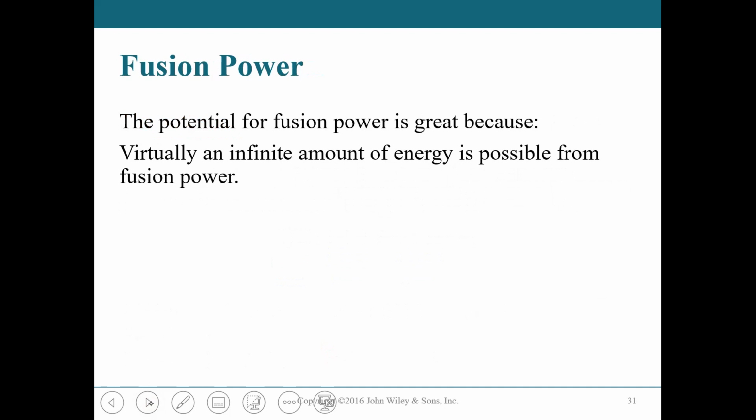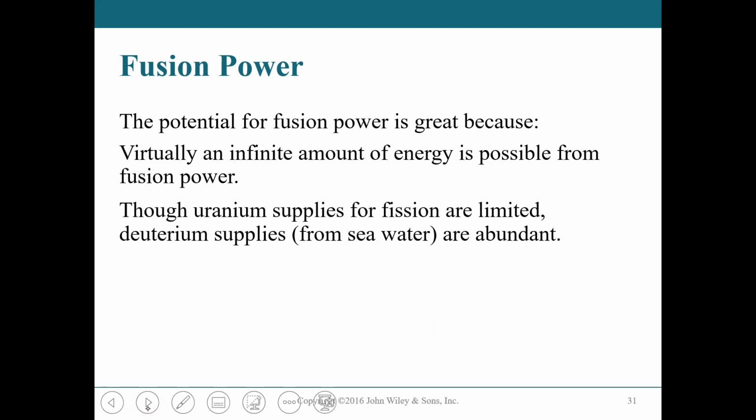So the potential for fusion is great because we can get a lot of energy from fusion. And one thing to note, we use uranium a lot for fission, but the uranium supply is somewhat limited, whereas we can get quite a bit of deuterium, which is a hydrogen nuclei that has a mass number of 2 rather than a mass number of 1.